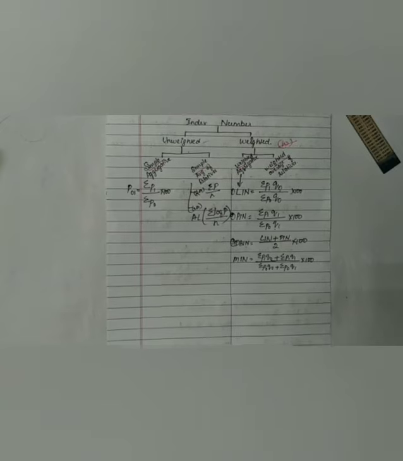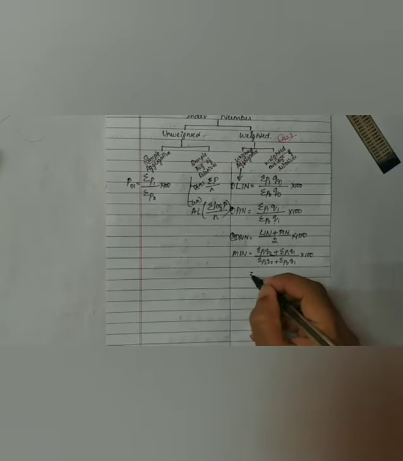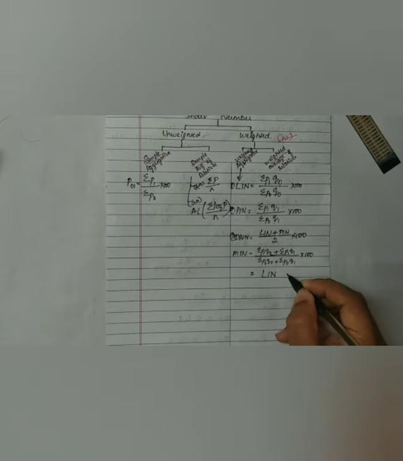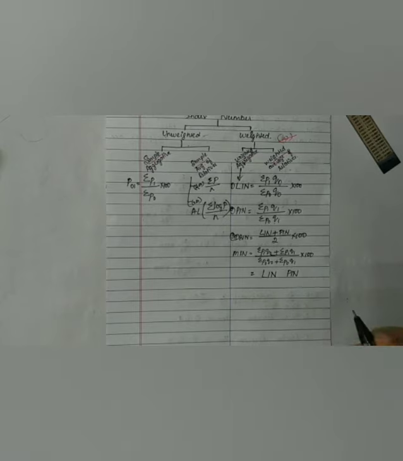Okay, so here when I simplify this, Lin and Pin both are added into 100.